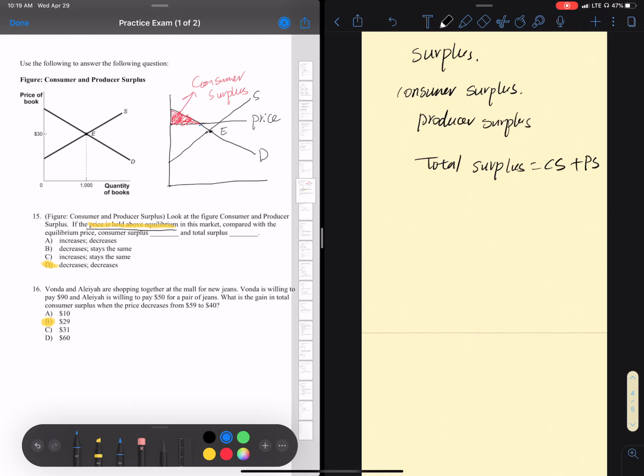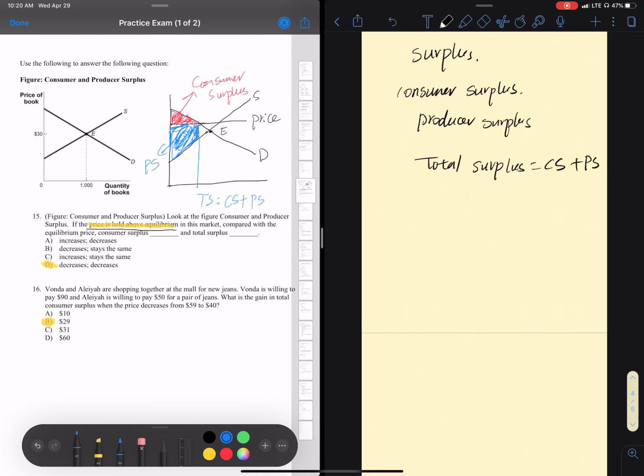See, you just draw down this line, this area is your producer surplus. Okay, so where is your total surplus? The total surplus is just this consumer surplus plus producer surplus.